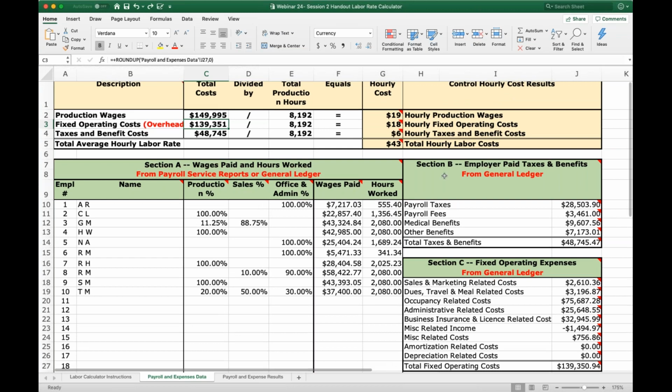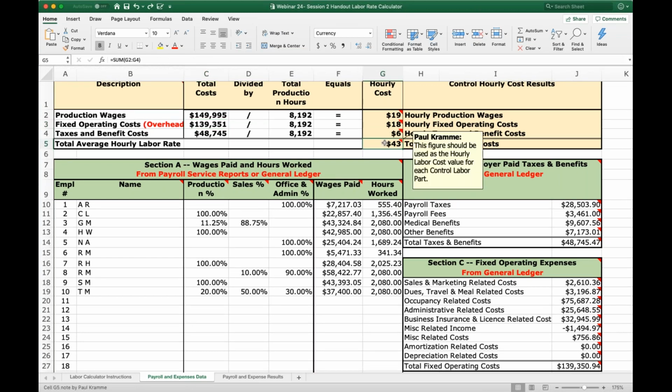Now, let me come back to talk about how this correlates with Control. Control has many, many different labor parts. Print labor, design labor, install labor, service labor, hand mount labor, on and on and on. There's a lot of them.